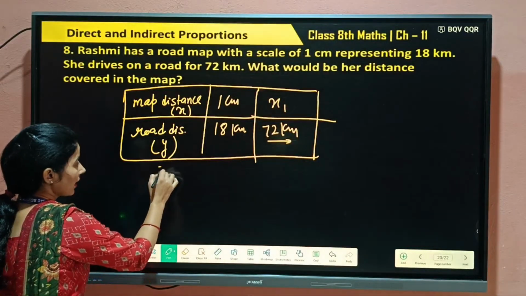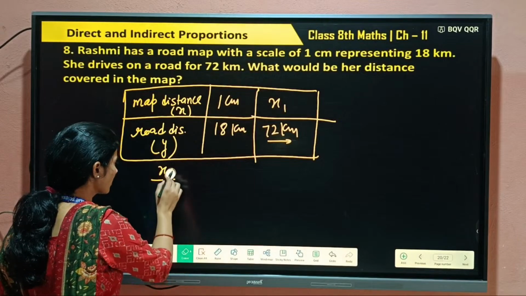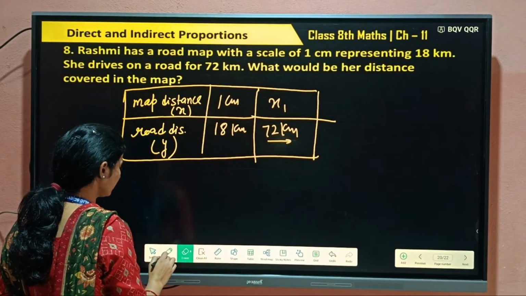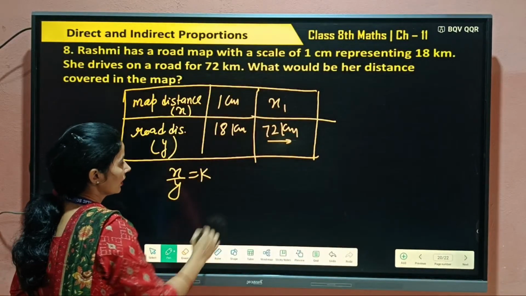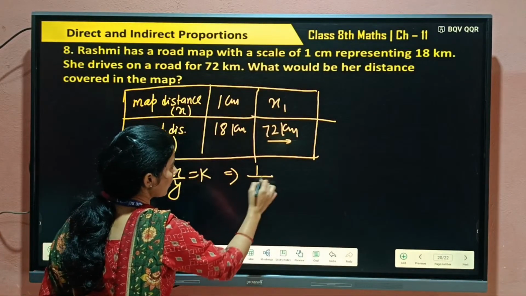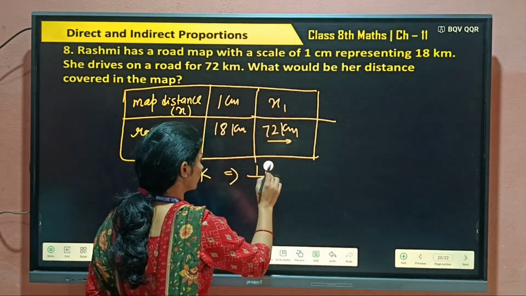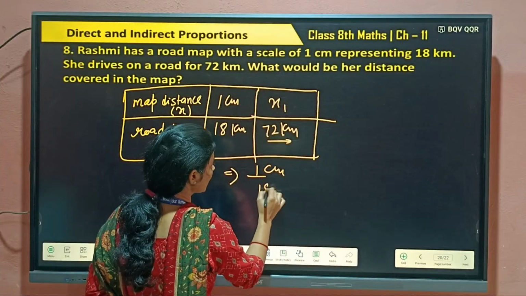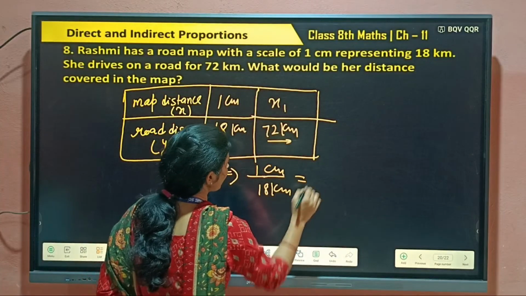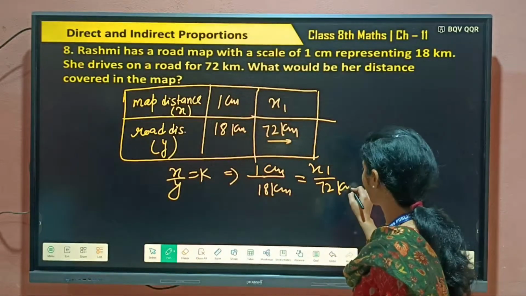You will write x by y ratio is constant. So it will be 1 centimeter by 18 kilometer equals x1 by 72 kilometer.